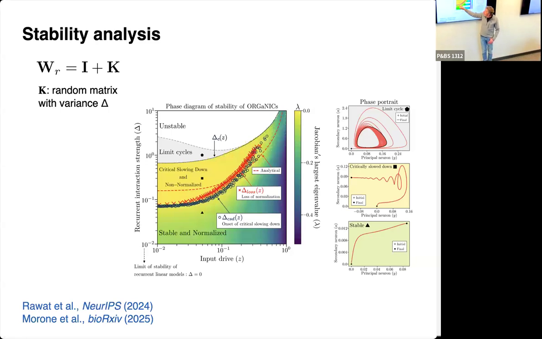And we can actually derive a closed form expression, the dashed curve, for approximating. So the blue symbols are the onset of critical slowing down, the red symbols are the loss of normalization, and the dashed curve is the analytical approximation for all of that. This looks like a big difference, but it's actually on a log scale, so it's pretty close. Okay.